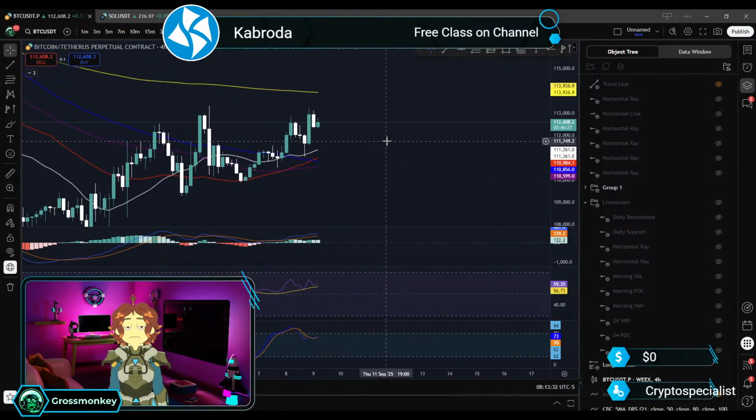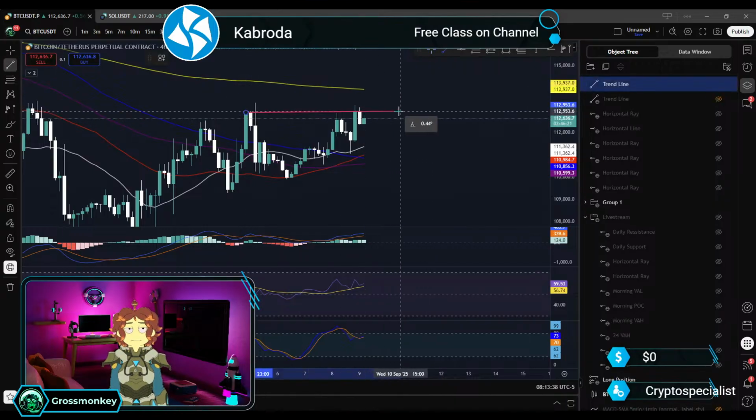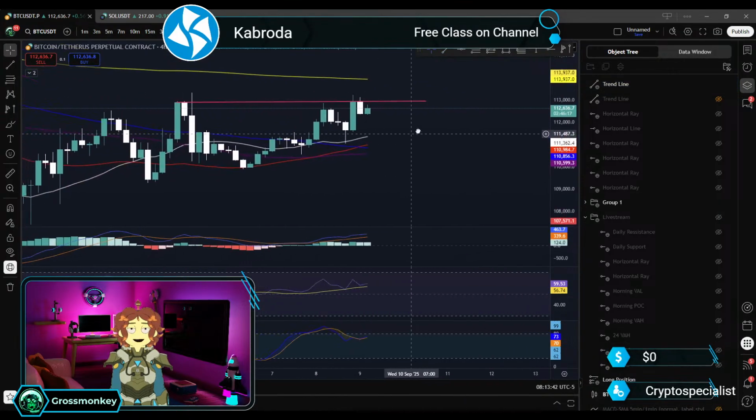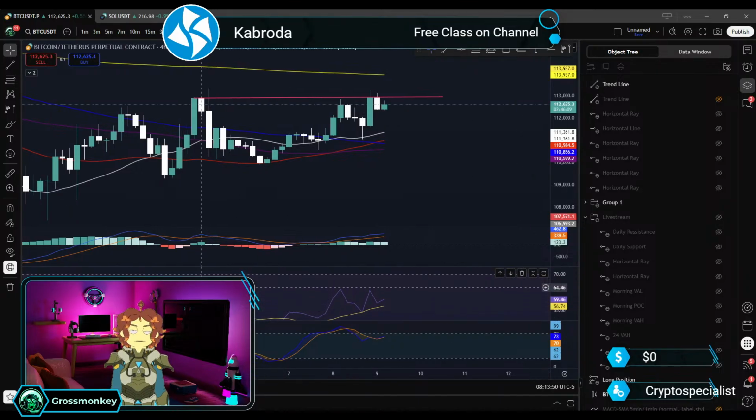So, essentially, one thing I do see right now that I'll point out is we got this flat top right here. Typically when you see that double hump like that, you get a dump. And let's see if we got any, not a lot.